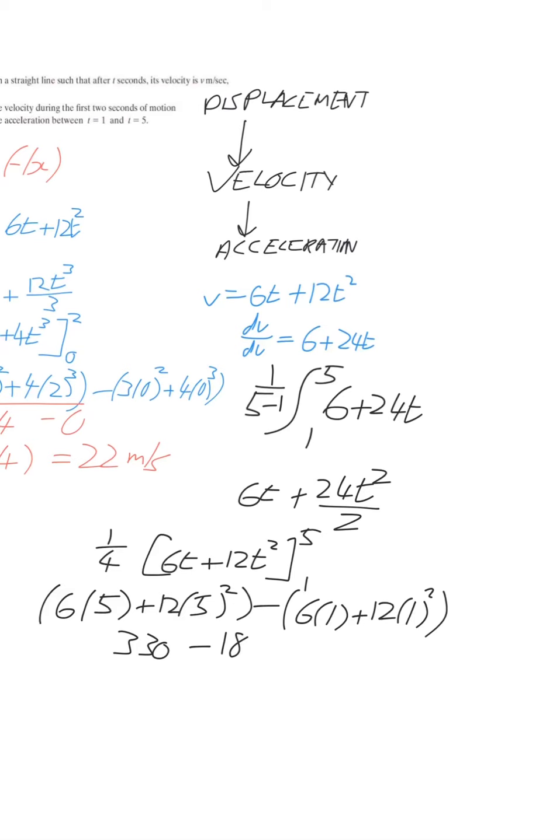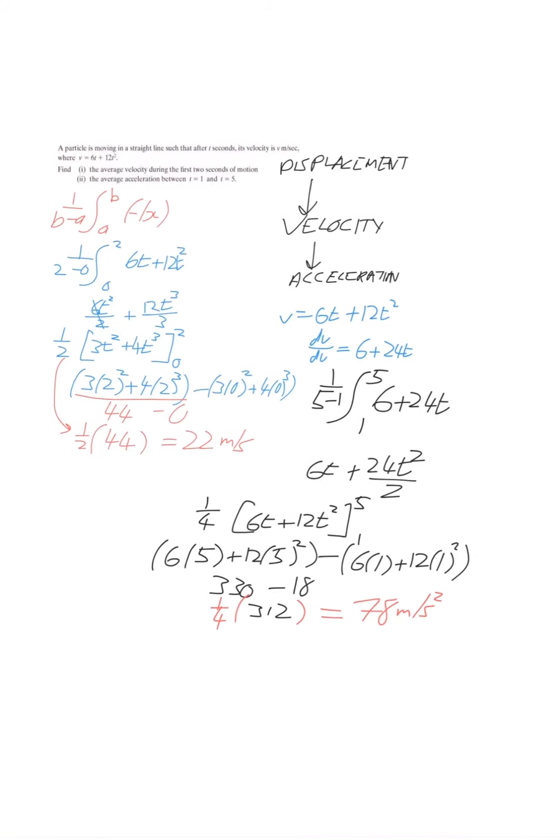So then 330 minus 18 is 312. And then remember, I need to multiply this by a quarter. And then that gets me 78 meters per second squared. And that then is the answer to that one.